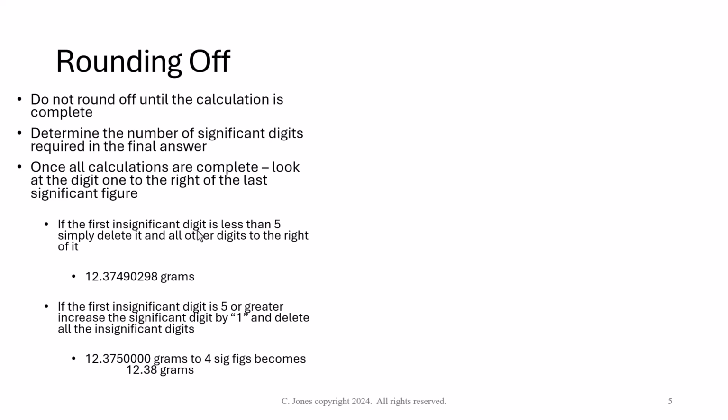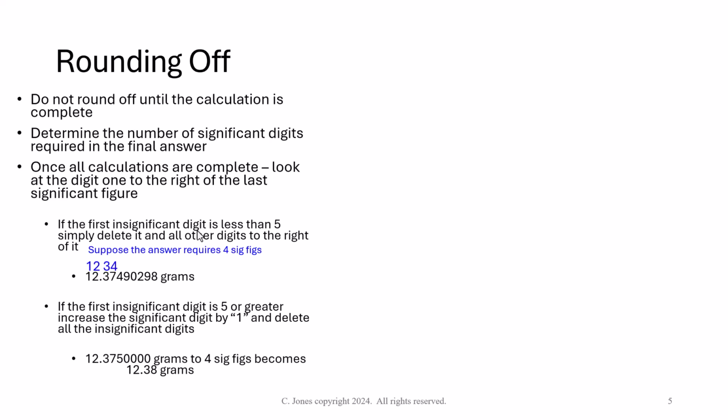Okay, so here for an example, I've given you a weight with lots of digits in it. Okay, but suppose the answer only requires 4 significant figures. I just picked that at random. I could have said 3, I could have said 5, whatever. But I'm just going to suppose that our answer requires 4 significant figures. Okay, so we look at this number and we say, okay, 1, 2, 3, 4.